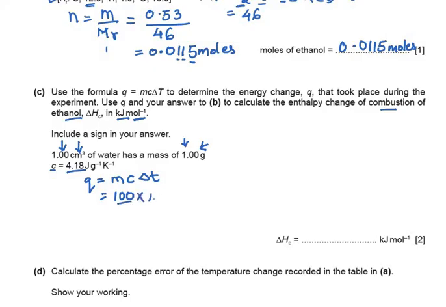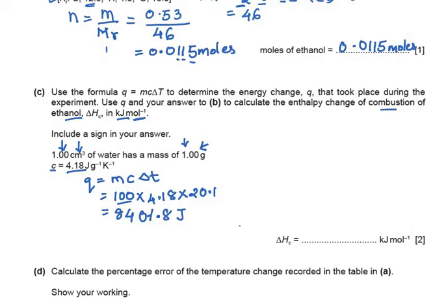Specific heat is mentioned here, 4.18, that we are substituting, and the delta T, that is the temperature change, we have already calculated in our earlier part of the table, that was 20.1. So substituting all these values, the heat energy is 8401.8 joules.